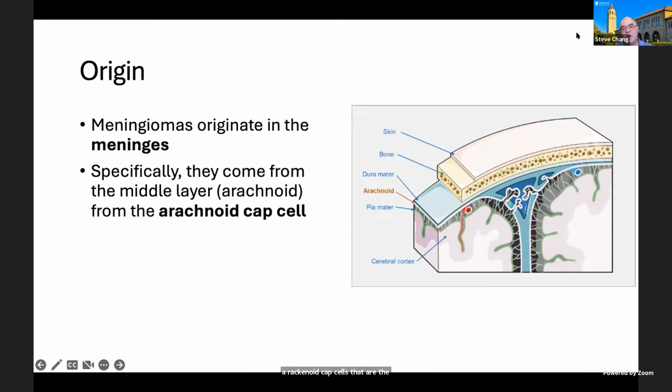Because the arachnoid is very close to the inner lining of the skull, most of these meningiomas are attached to bone, either at the lateral edge of the skull, the skull base, or the top of the skull. Meningiomas can occur rarely in regions outside of the skull, as long as the arachnoid cap cell layer is present.